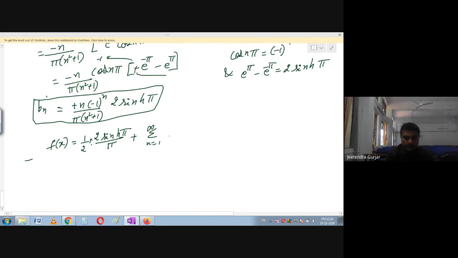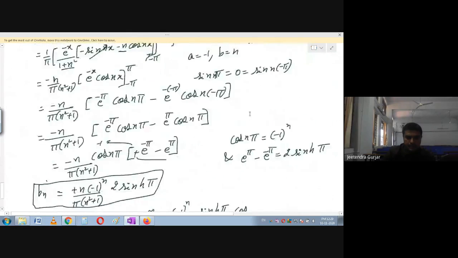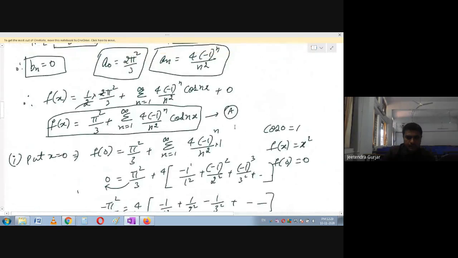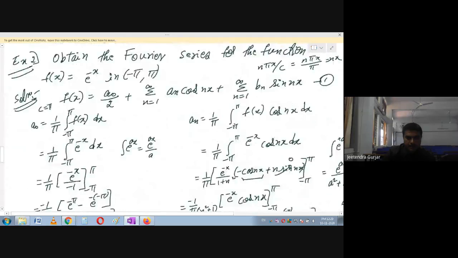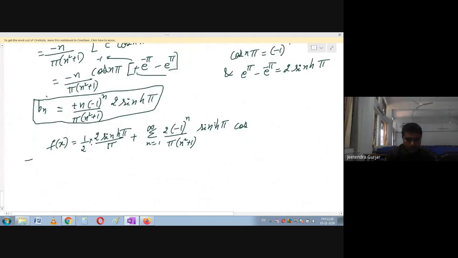So you are going to get this as 2 times minus 1 raised to n upon pi n square plus 1, sinh pi, cos nx.